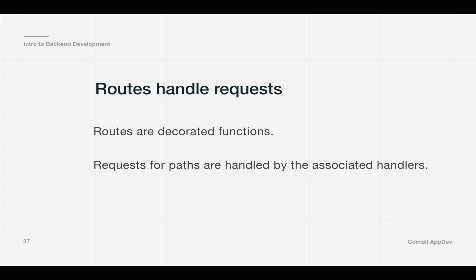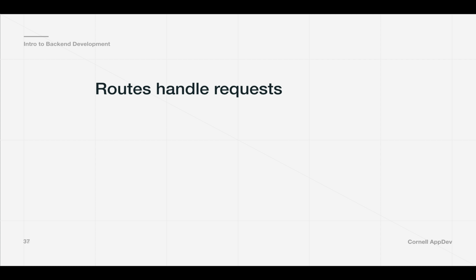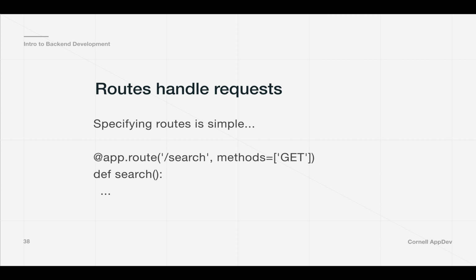So next up under Flask, we have routes, and those handle requests. Routes are decorated functions, which we'll talk more about in the demo, and the requests for a specific path are handled by associated handlers. It's easier if we see an example. The decorator is just the @ sign, so it's app.route.